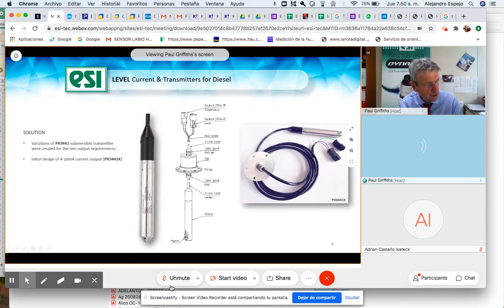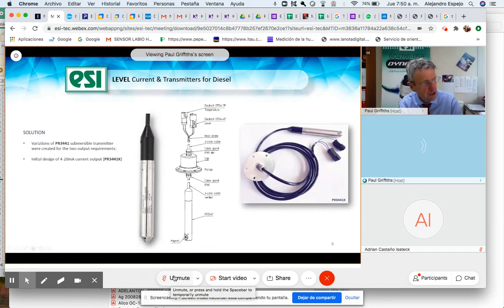So the transmitter would have a cable, in this case I think about 2 meters long, and the cable feeds into this housing. We call it a bell housing. So inside here we have electronics and cable connection, but also inside the pressure transmitter we have a temperature sensor as well.